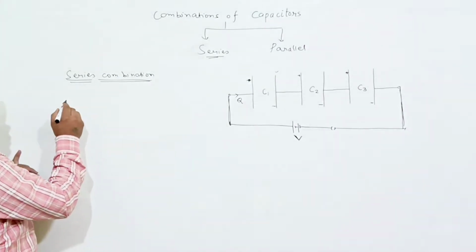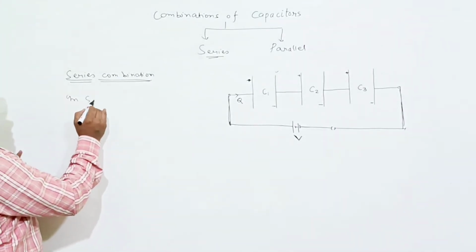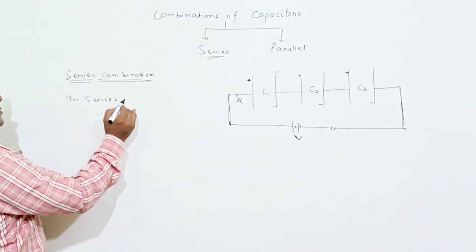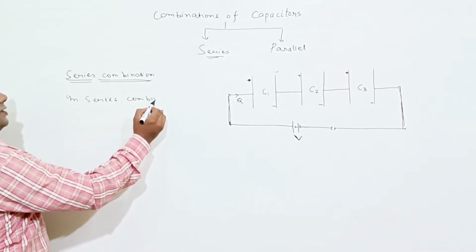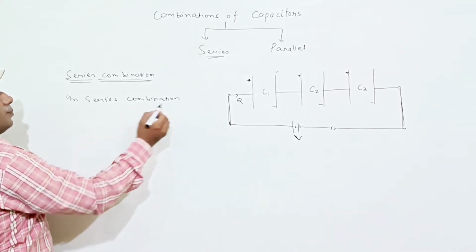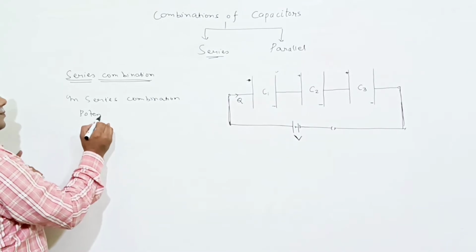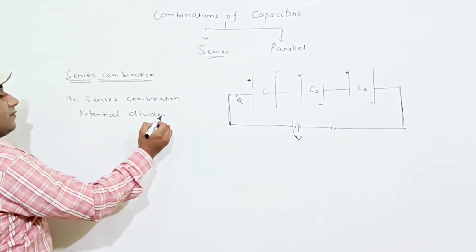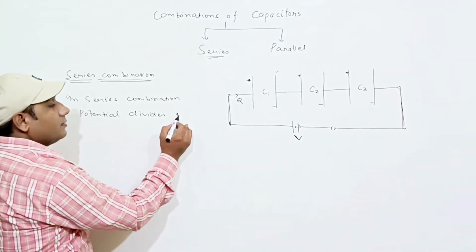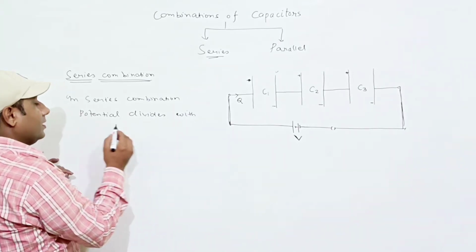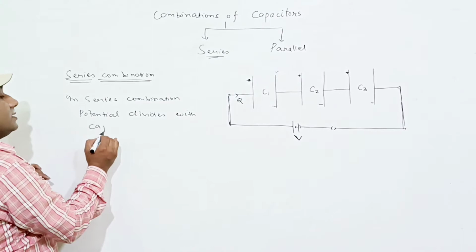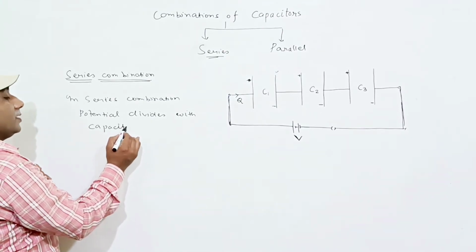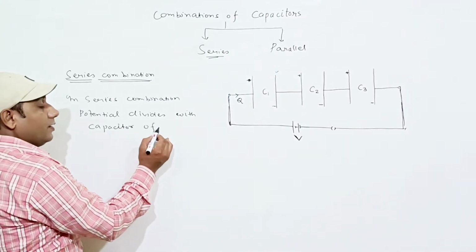Then potential in series combination divides with capacitance of the capacitors.